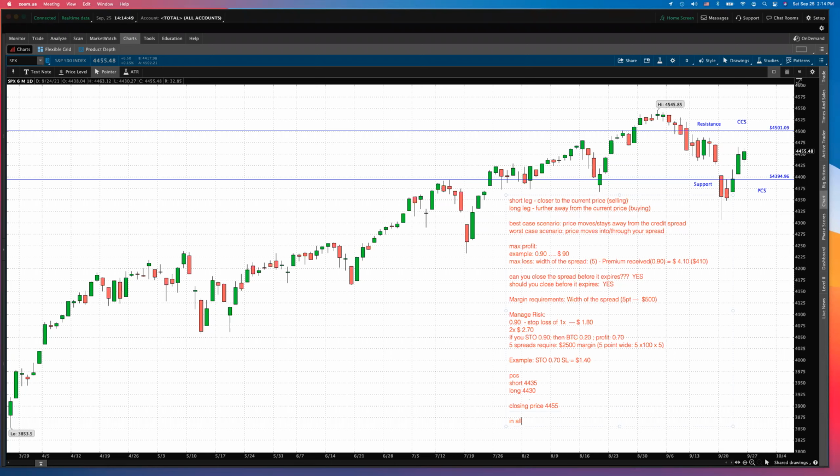In all credit spreads, the short leg is closer to the current price when you're selling, right? What is the short leg? That's the one that you're selling, which means that in all credit spreads, the long leg is farther away.